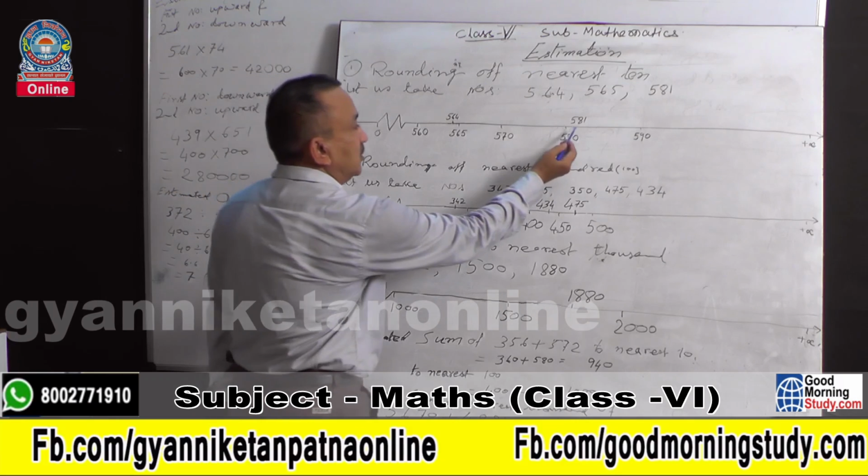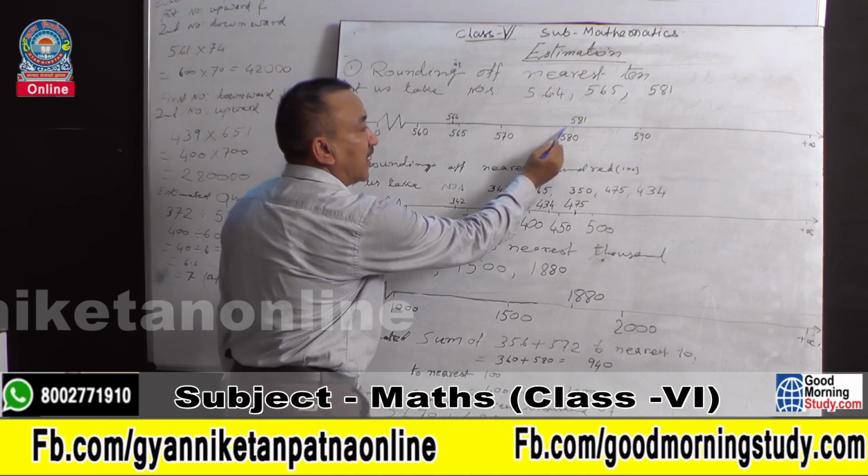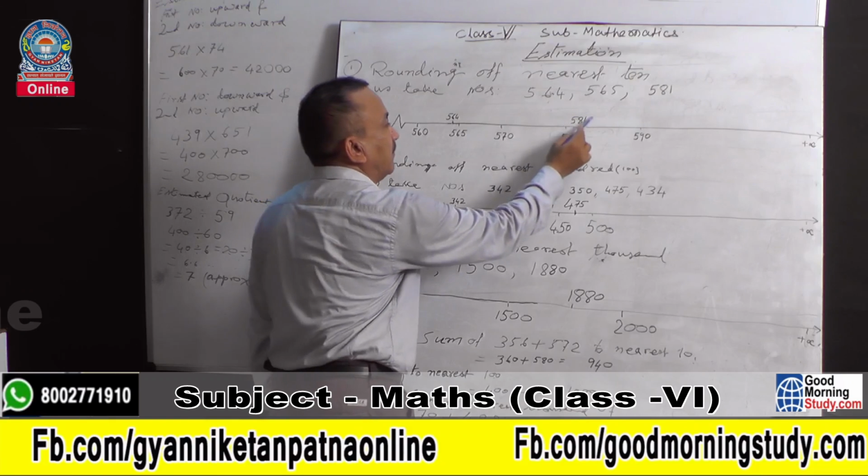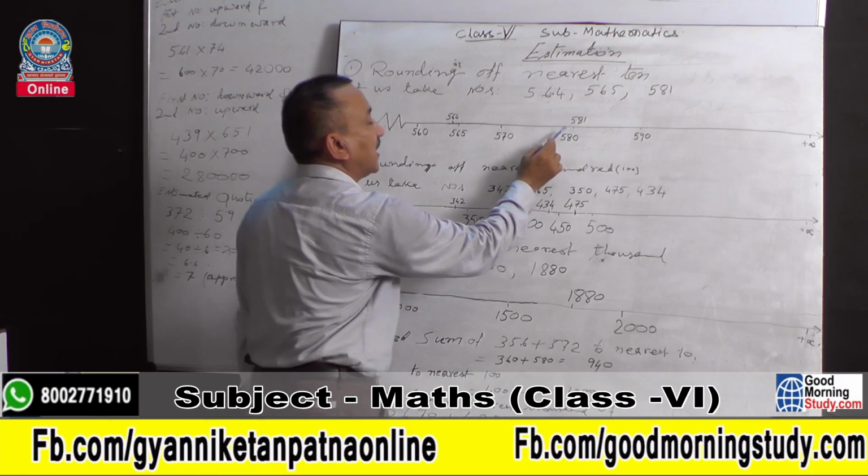Therefore, you see 581 is just near to 580. So the nearest 10 of 581 is 580.